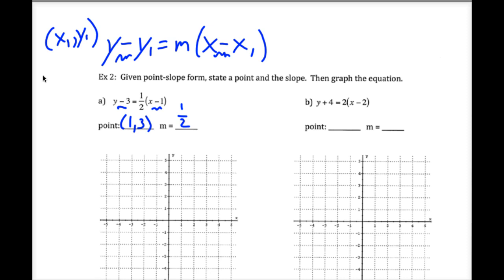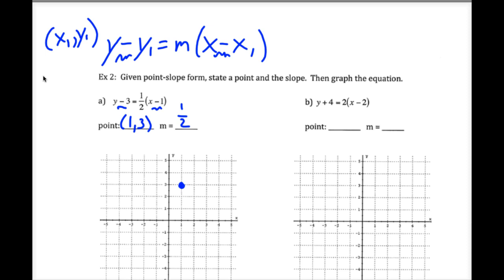Now, let's graph this. I don't think we've ever graphed a line with this information, but it's easy. You guys can all do it. Everybody graph the point 1, 3, and then get more points using a slope of 1/2. How do I move from this point if I know the slope's 1/2?